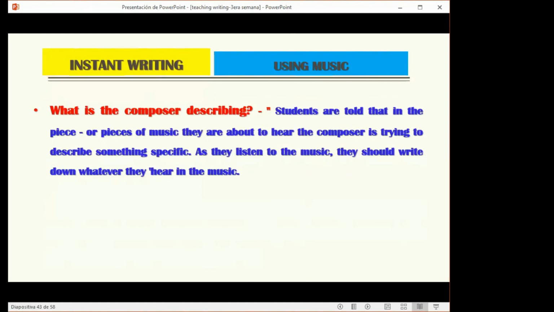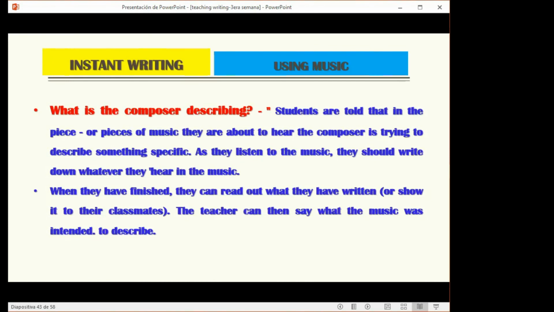Students are told that in the piece or pieces of music they are about to hear, the composer is trying to describe something specific. As they listen to the music, they should write down whatever they hear in the music. When they have finished, they can read out what they have written or show it to their classmate. The teacher can then say what the music was intended to describe.